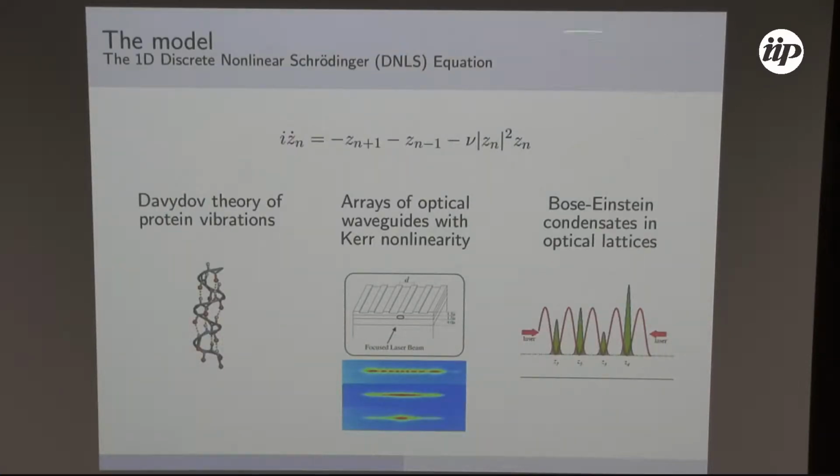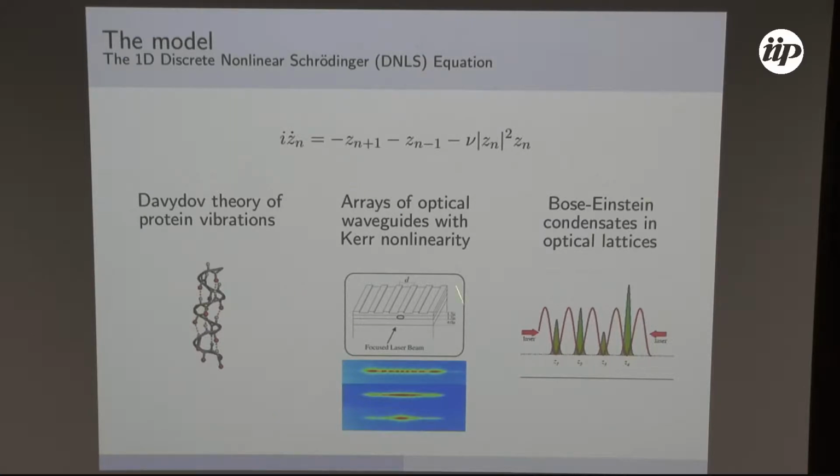This is the model. Again, this is a one-dimensional discrete nonlinear Schrödinger equation. For your convenience, I repeat that these z_n are complex variables. As you see, the structure of this equation is a nonlinear local term plus a linear nearest neighbor coupling. This model has many applications in physics.